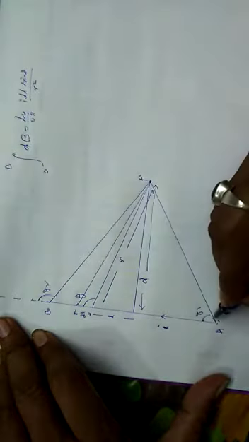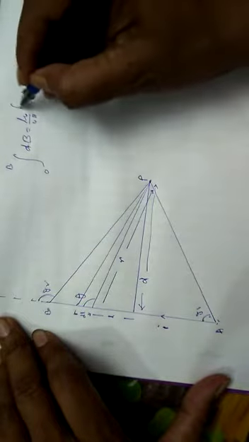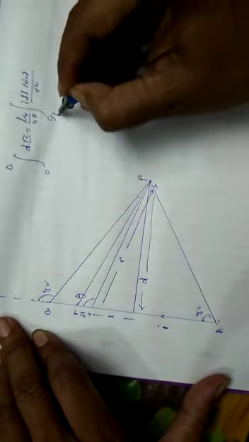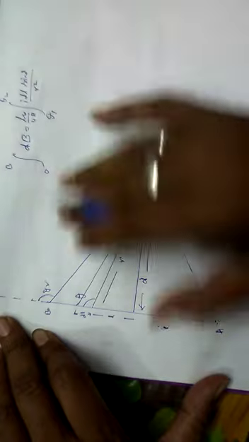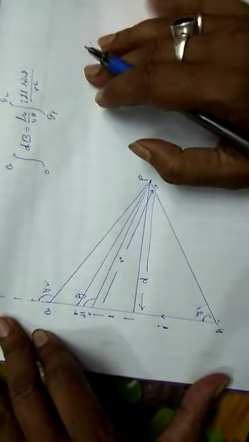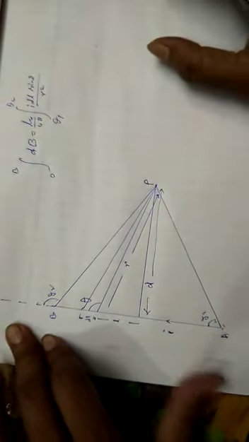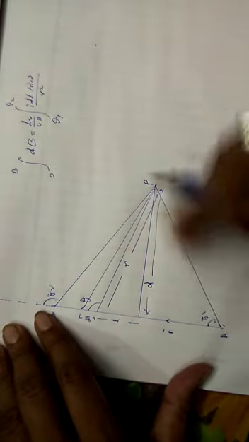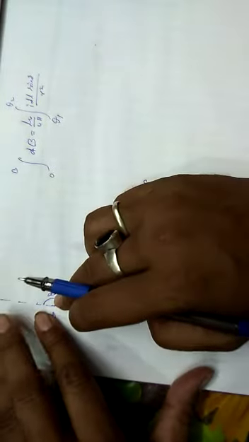So the limit is theta 1 to theta 2. If we are able to do this much calculation, we can find the magnetic field at point P due to this wire AB. Clear?